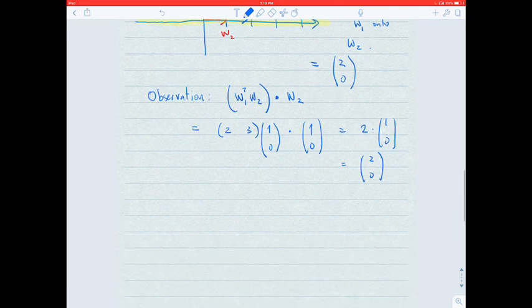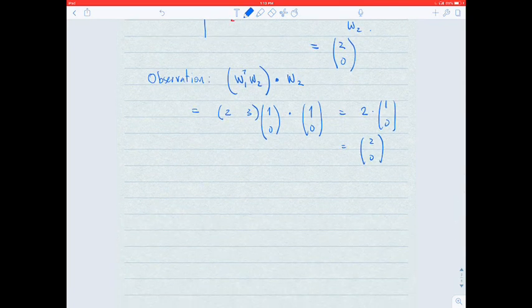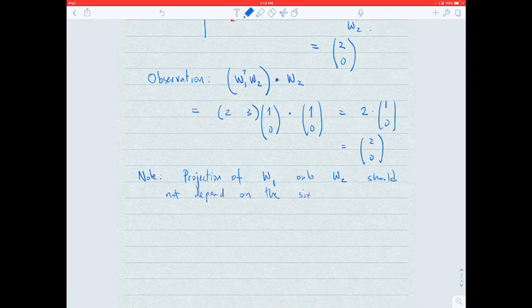So the key point here is that the projection of W1 onto W2 should not depend on the size or length or magnitude of W2. These are all words that mean the same thing.